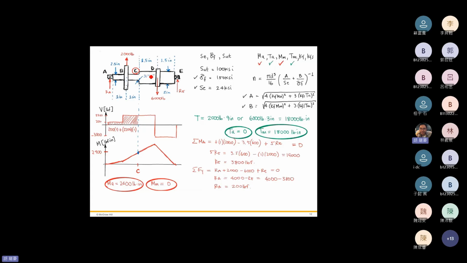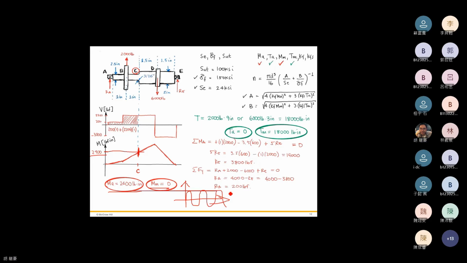So we can figure out the moment applied at point C from the shear and bending moment diagram. It is 2,400 pound-inches, and the mean moment equals 0. If we plot it, it will be like this.